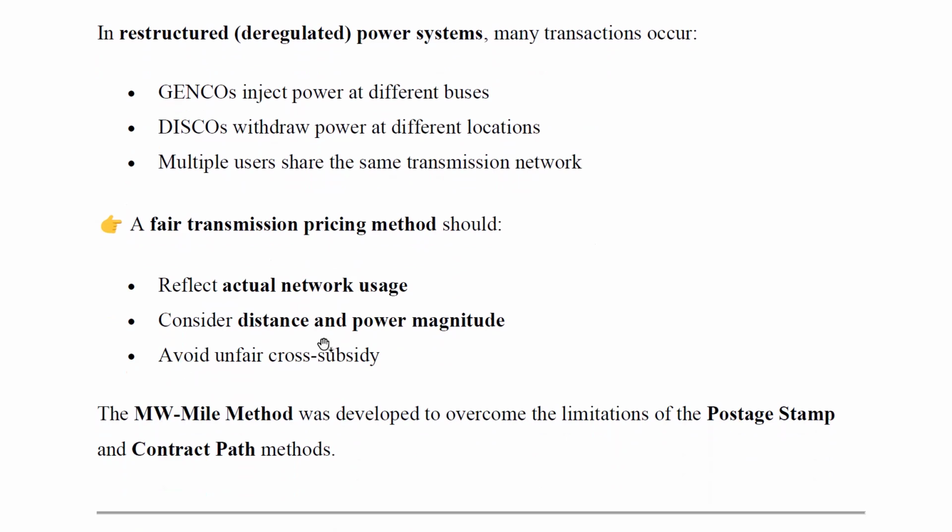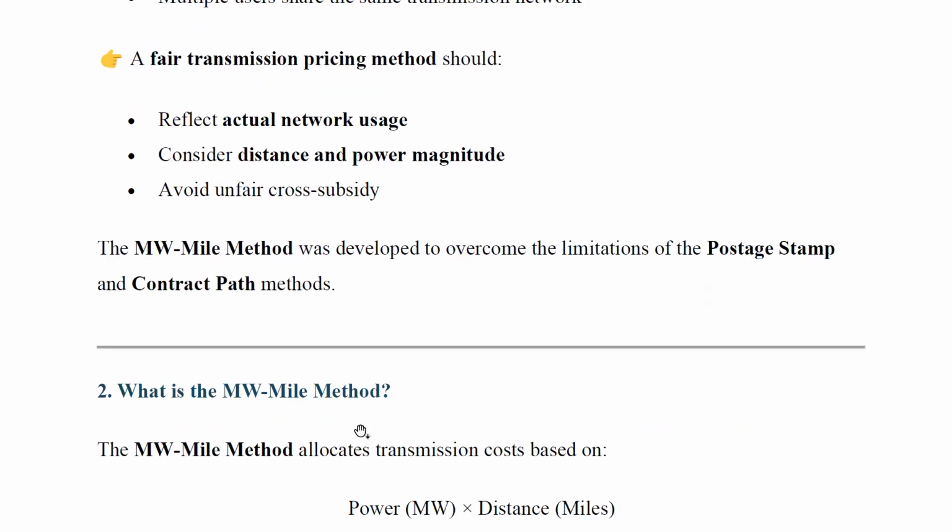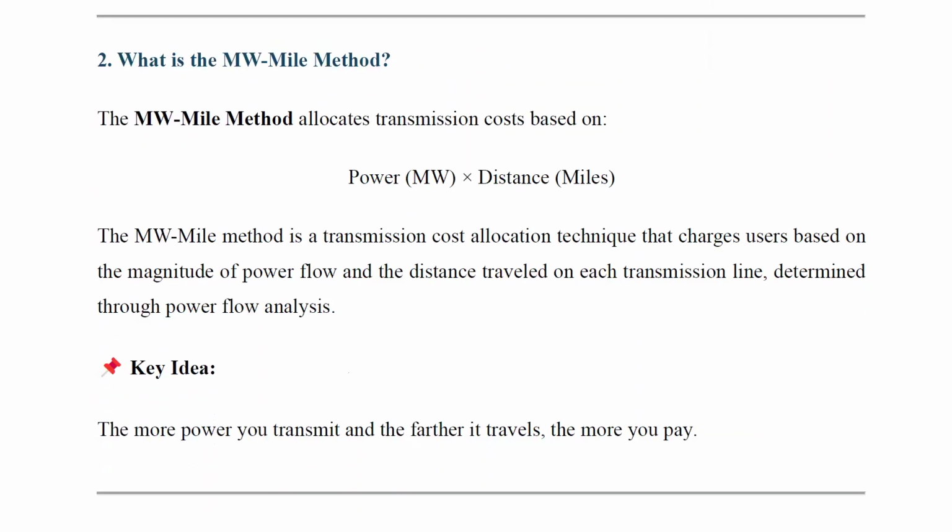So the megawatt mile method was developed to overcome the limitations of the postage stamp and contract path methods. What are the limitations of those methods that are overcome by the megawatt mile method? What is this megawatt mile method?